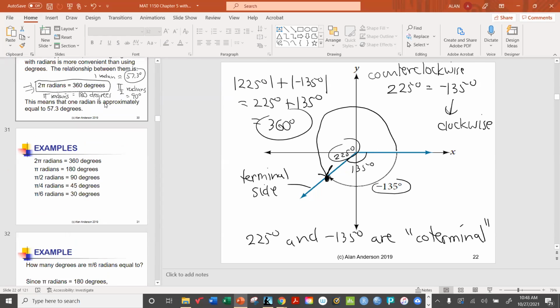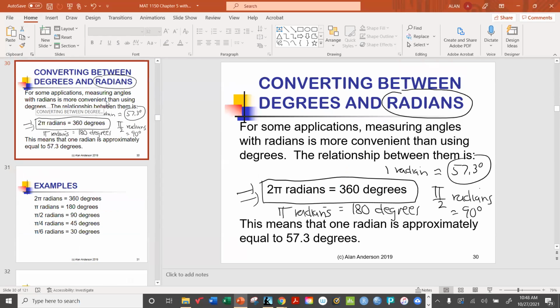Then we remember radians. The formal definition is that 2 pi radians are 360 degrees, which means that pi radians is the same thing as 180 degrees. It's kind of a nuisance, but for certain applications, it's easier to think about radians than degrees. Also, just remember 1 radian is equal to about 57.3 degrees.